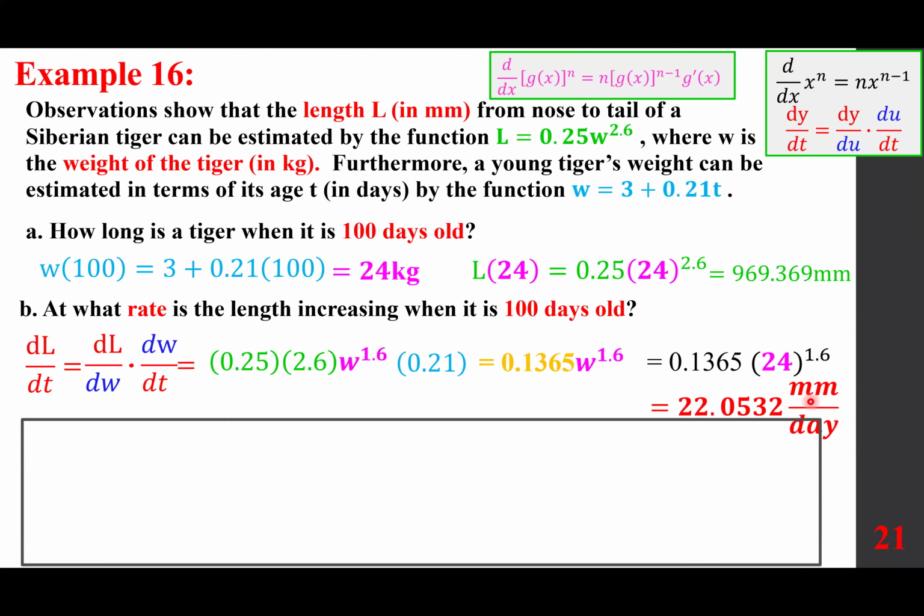The units you can easily get from the given question. The second method is to replace the W with this and find the composite function.